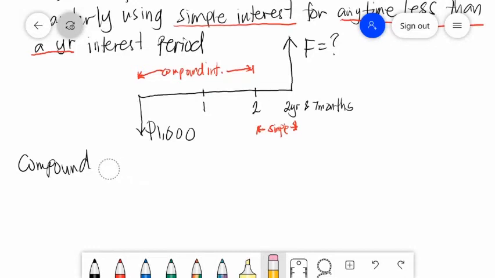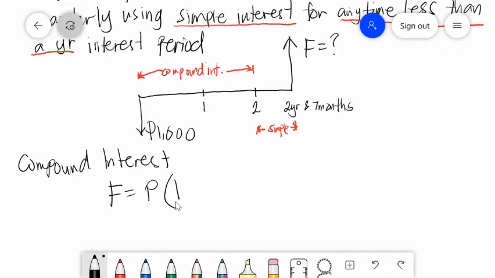For future worth, F is equal to P multiplied by 1 plus I raised to N. At the end of 2 years and 7 months, you will have another F. So let's say this is F1 and this is F2.